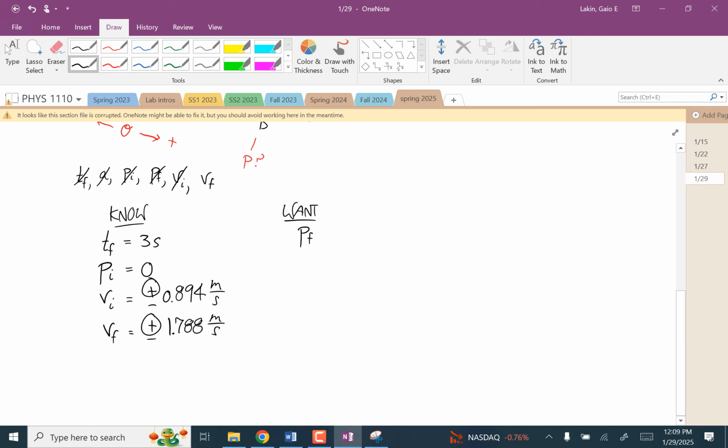Now, is there any one of those 3 equations that works for this set of variables? There's not. And the reason is that every one of those 3 equations has acceleration in it, and we don't know the acceleration. And we're not trying to solve it. So nothing is going to work in one step.